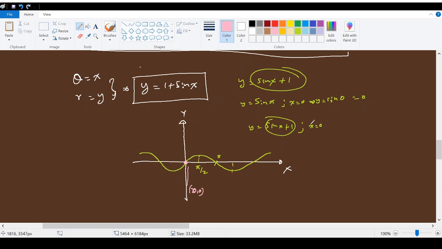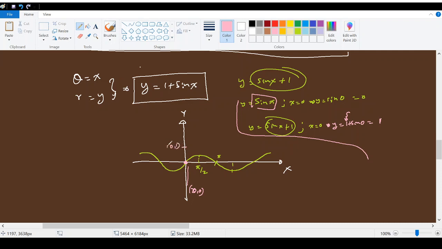Now if we have this equation y equals sin x plus 1, then at x equals 0 we have y equals 1 plus sin 0, so here we get 1. Simply, what we have is the same values shifted by 1. So for x equals 0, the value of y is 1.